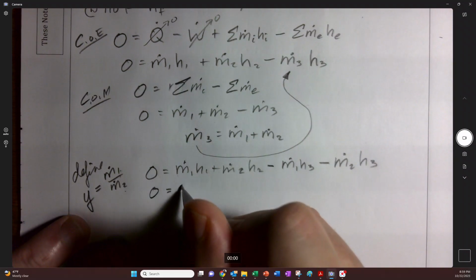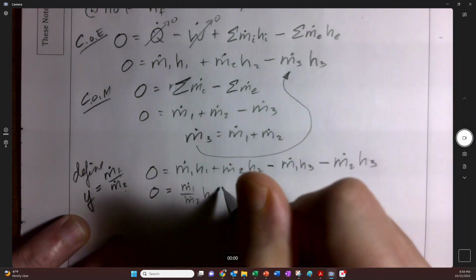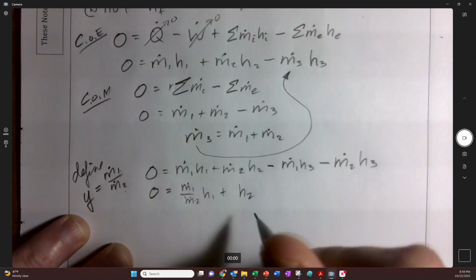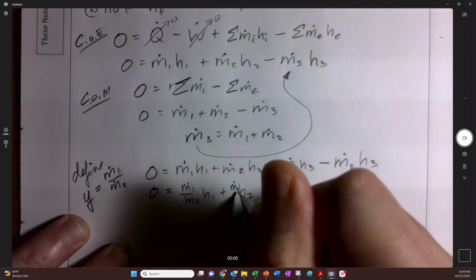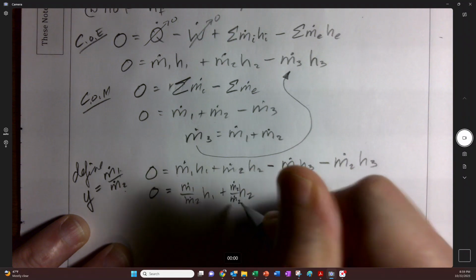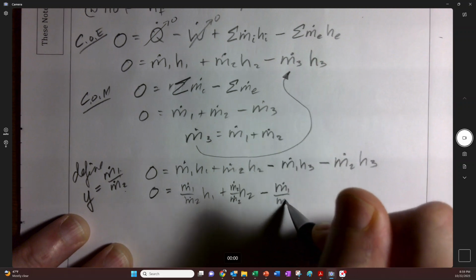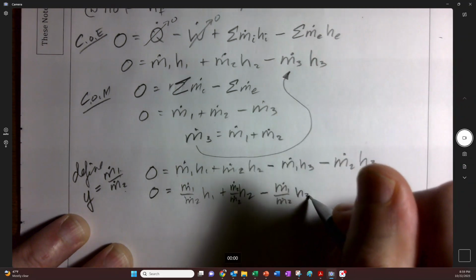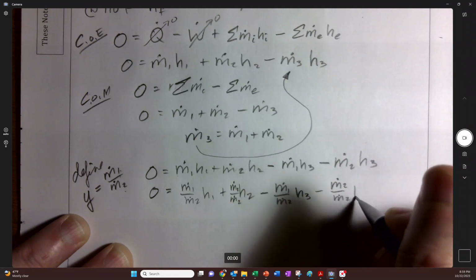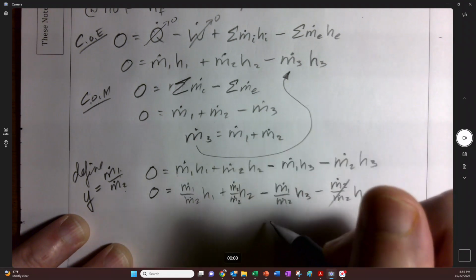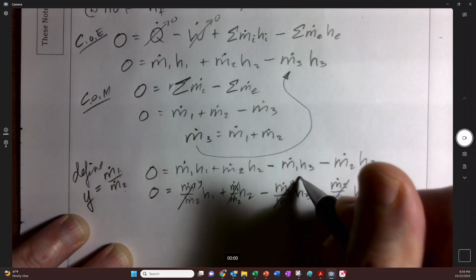Then m dot 2 over m dot 2 goes away, and m dot 1 over m dot 2 becomes y.